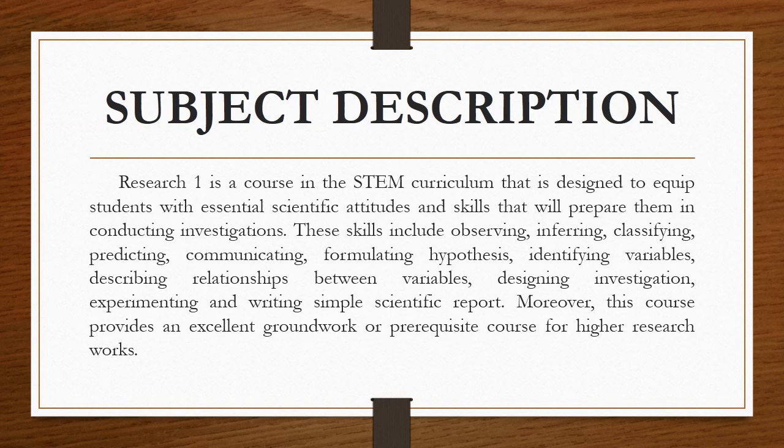These skills will include observing, inferring, classifying, predicting, communicating, formulating hypotheses, identifying variables, describing relationships between variables, designing investigation, experimenting, and writing simple scientific report. Moreover, this course provides an excellent groundwork or prerequisite course for higher research works.